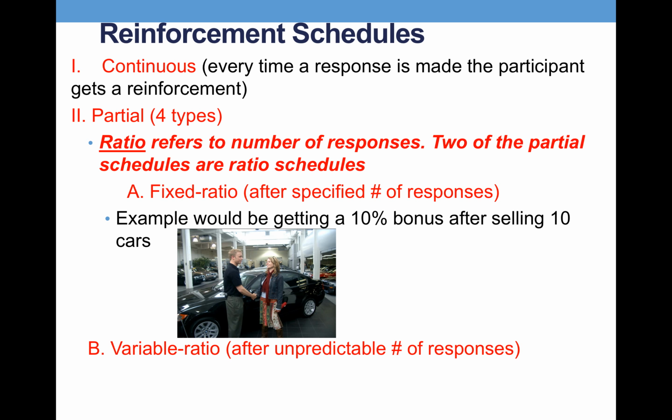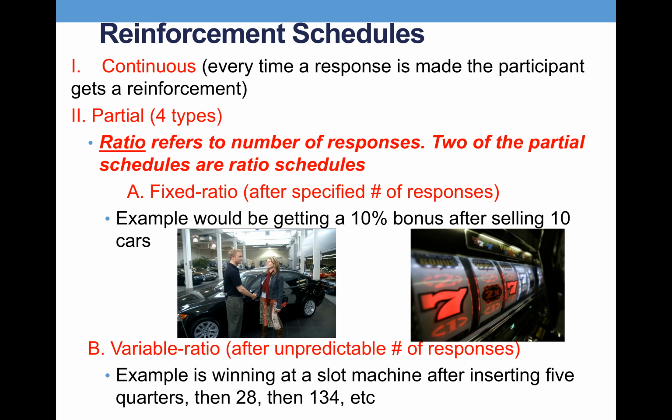And so the person getting the reward never knows when it's going to come. This is very similar to a lot of gambling where the person doesn't know when the reward's going to occur. So an example would be winning at a slot machine after some unpredictable number of responses.